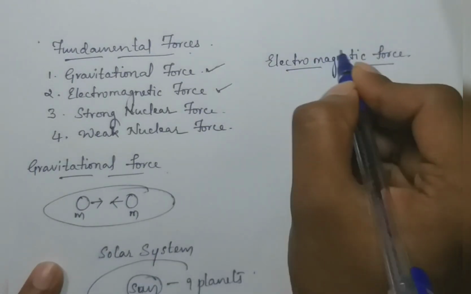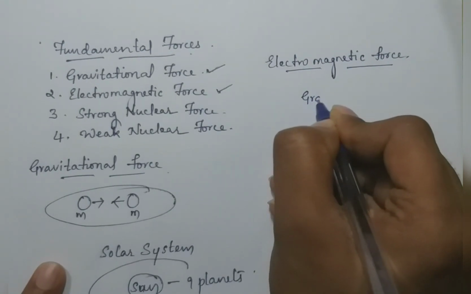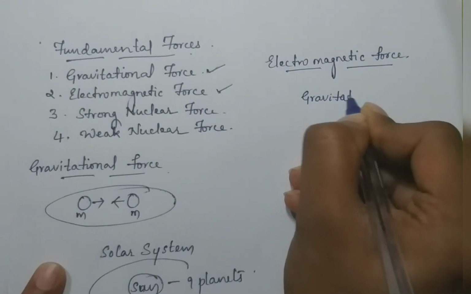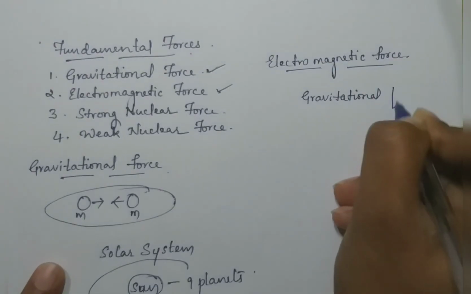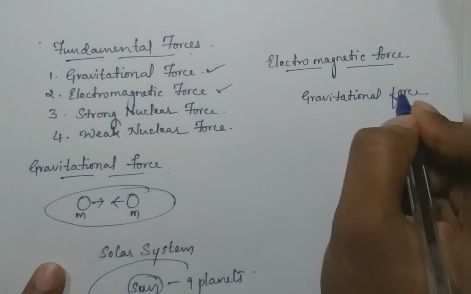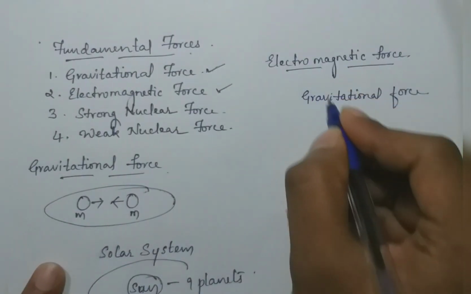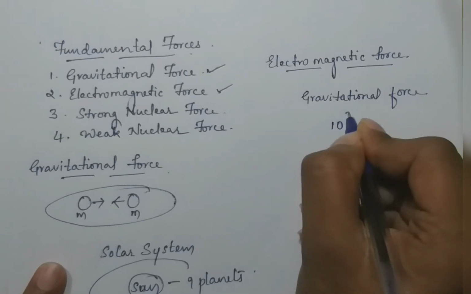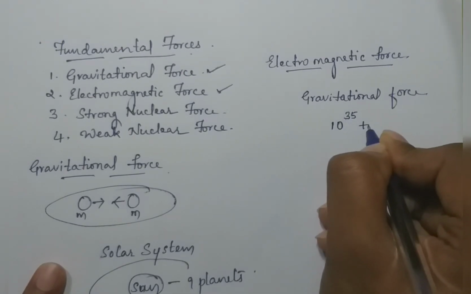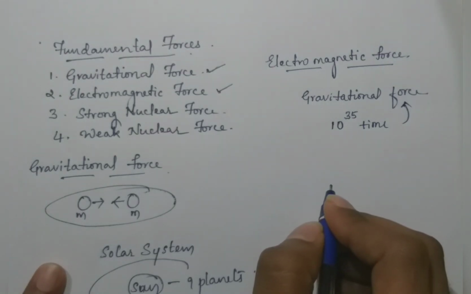This electromagnetic force is greater than the gravitational force. Now the question that comes to our mind is how much greater than the gravitational force. This electromagnetic force is 10 raised to 35 times greater than the gravitational force.